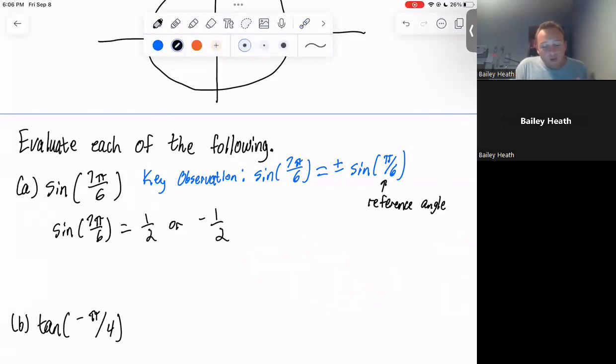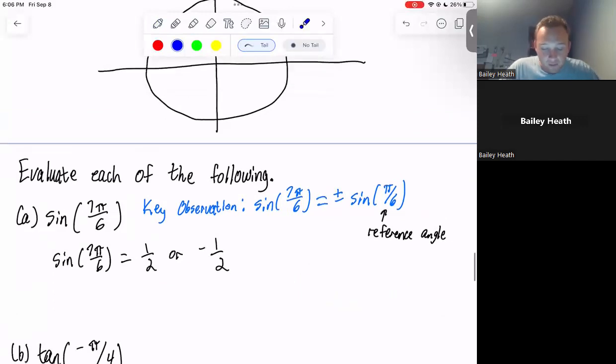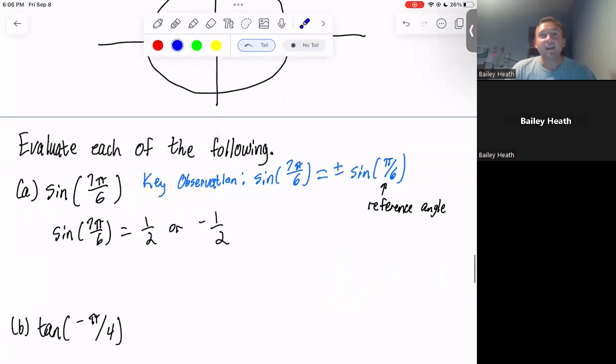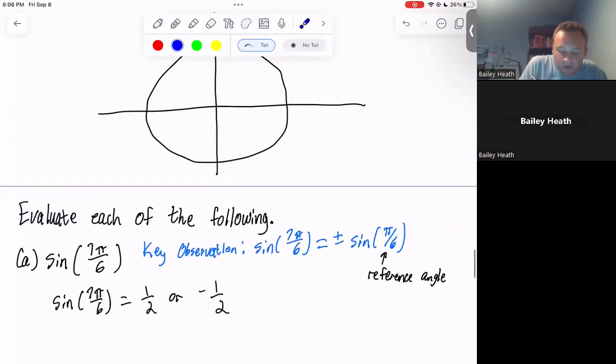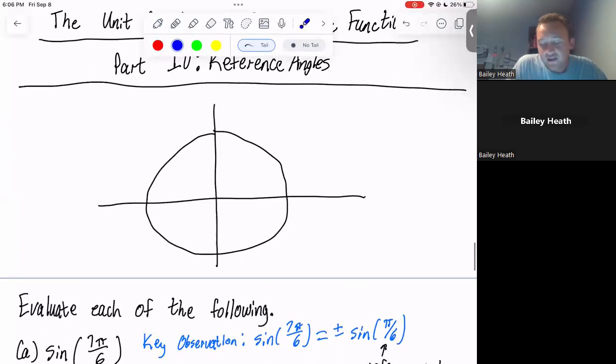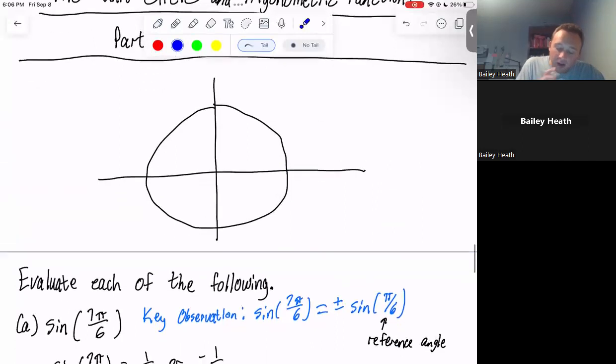With that said, we know that sine of 7 pi over 6 is then going to be positive or negative 1/2. So now the question is simply, which one is it? Well, we have to take a minute and think about where we are in the unit circle, and that will tell us whether sine is positive or negative. I sketched this unit circle up here so that we can refer to it in all 3 of these examples.